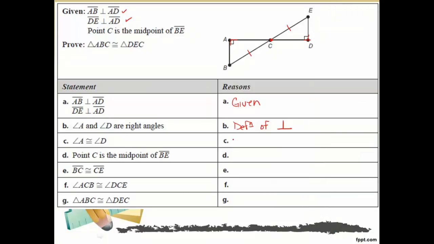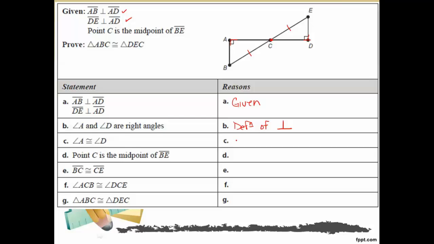Okay, so angle A is congruent to angle D. If they're both right angles, think about it, okay? I'm using my if-then. If angle A and angle D are right angles, then angle A is congruent to angle D. Well, how do I know that? Hello, they're both 90 degrees.